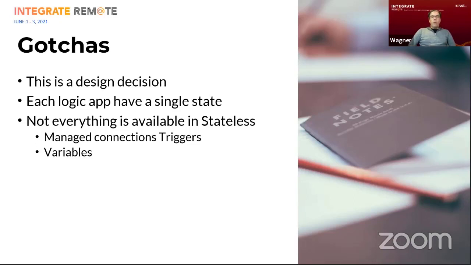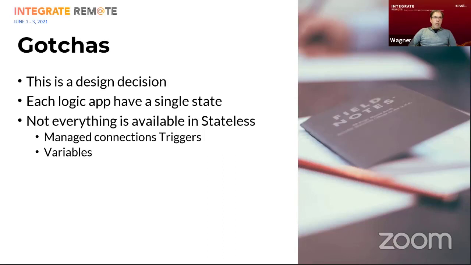So, for example, you don't have the ability to have managed connection triggers. All the triggers that are on stateless are the built-in triggers, as far as I could see here. And one gotcha that got me exactly in the beginning is that variables are not available on stateless, just to give you some examples.